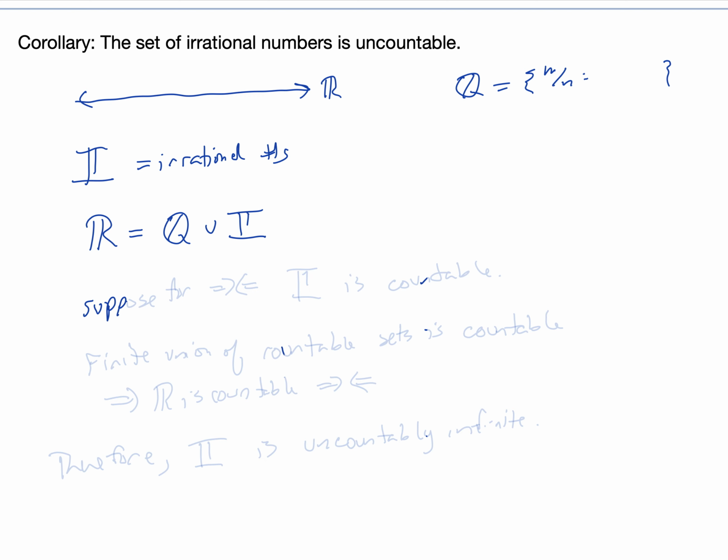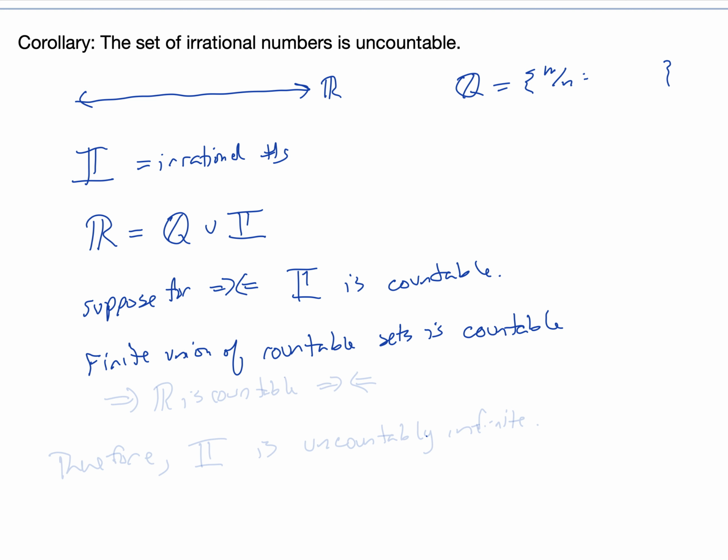So if we suppose, for contradiction, that the set of irrational numbers is countable, then what do we have? We have a finite union of countable sets. A finite union of countable sets is countable. We know that by one of the theorems we spoke of at the top of this episode that we proved in the last video.